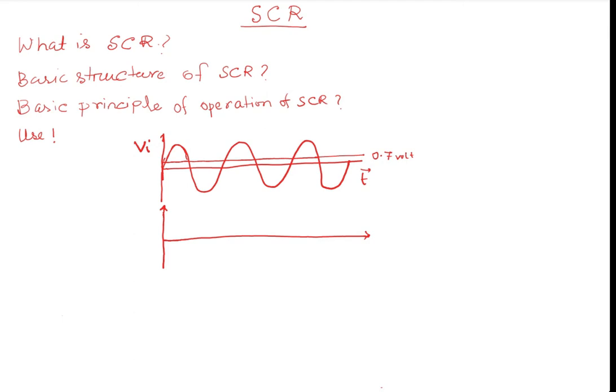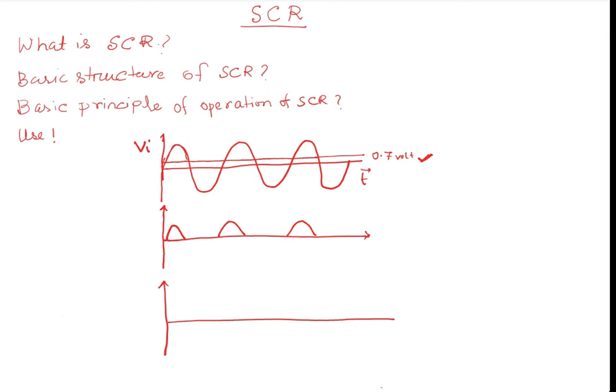So for a half wave rectifier it will start after some time like this. This 0.7 volt is constant. We cannot control this rectification operation, whereas in SCR we'll see how we can control the rectification operation.